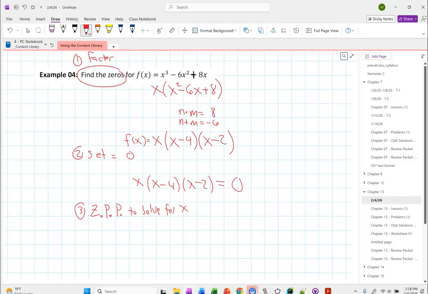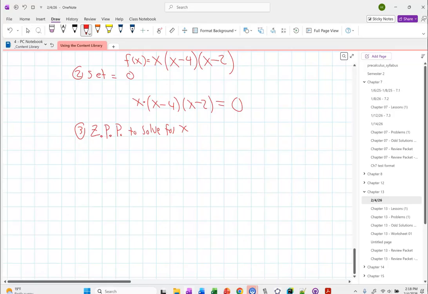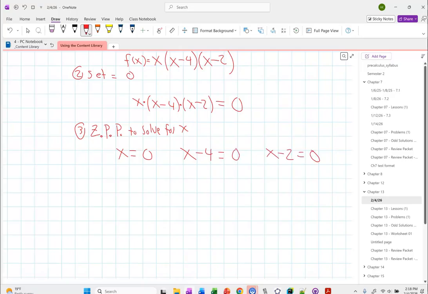What does the zero product property mean? If I have two things multiplied together, and my answer is 0, that means at least one of the two things had to be 0. I have 3 things here multiplied together, so I set each of them equal to 0.